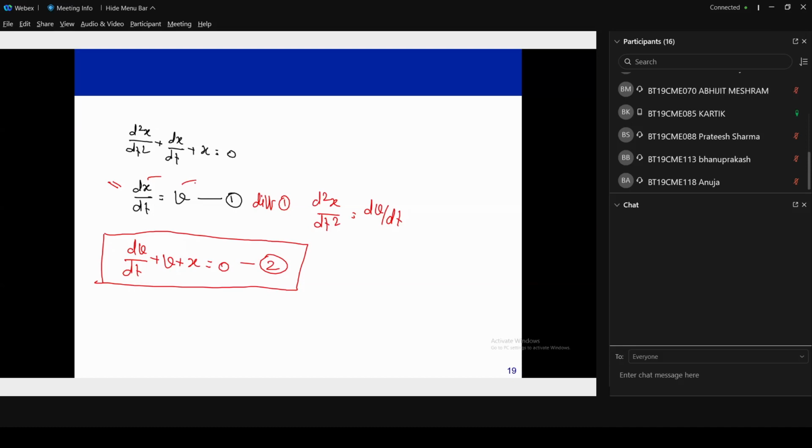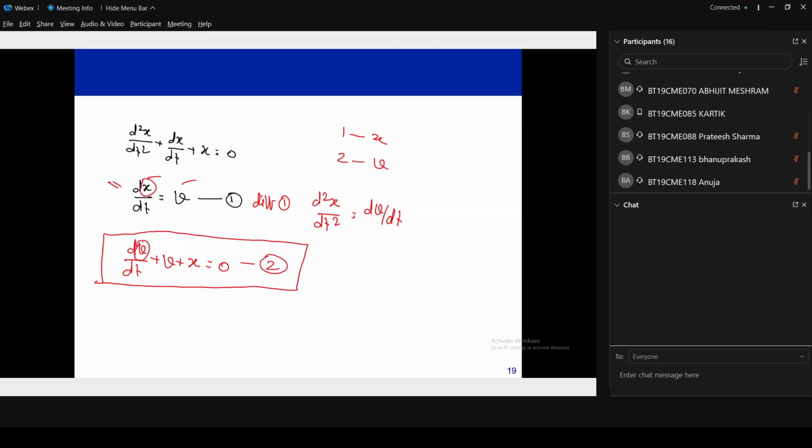Yes, so equation 1 provides us the solution for x, and equation 2 provides us the solution for v, because the state variable here is x and the state variable there is v.